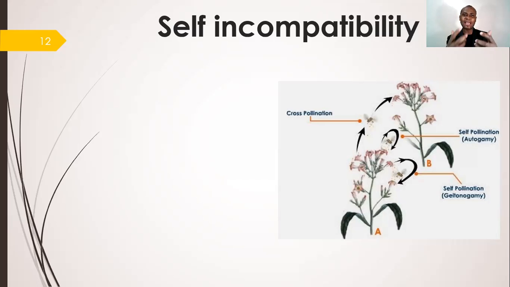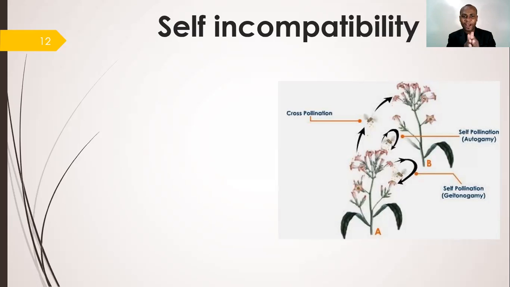So if you realize that most of the flowers on your cacao tree are falling down, it could be that self-pollination is taking place on the cacao farm or on the trees. And when self-pollination is taking place, most of the flowers are going to fall. Okay, because of self-incompatibility.